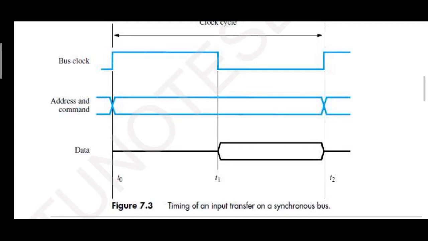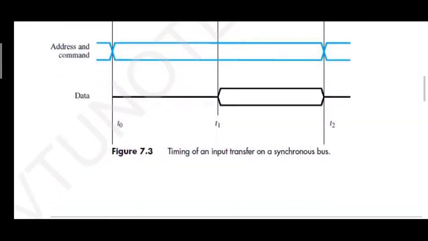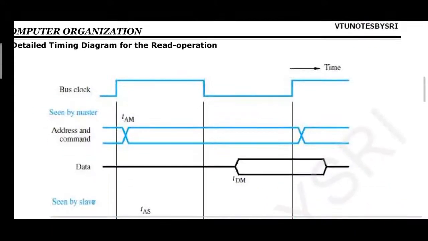Once the address and command exchange has started, data exchange is initiated. The data exchange is inactive between t0 and t1, but it completes between t1 and t2. This is the input transfer in the case of a synchronous bus.